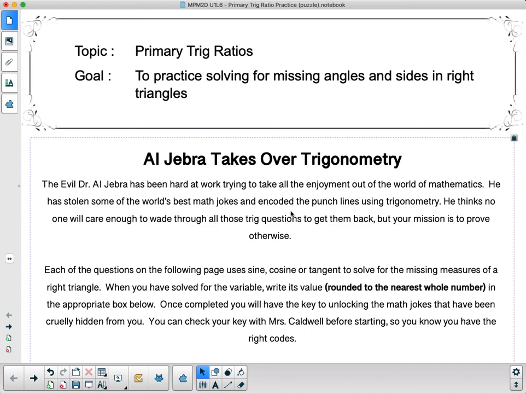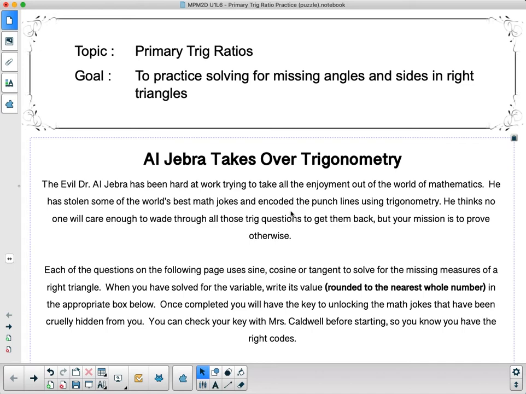Algebra takes over trigonometry. The evil Dr. Algebra has been hard at work trying to take all the enjoyment out of the world of mathematics. He has stolen some of the world's best math jokes and encoded the punchlines using trigonometry. He thinks no one will care enough to wade through all those trig questions and get them back, but your mission is to prove otherwise.